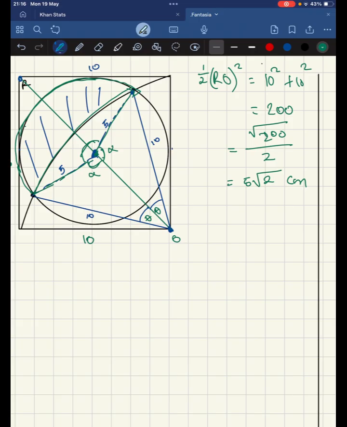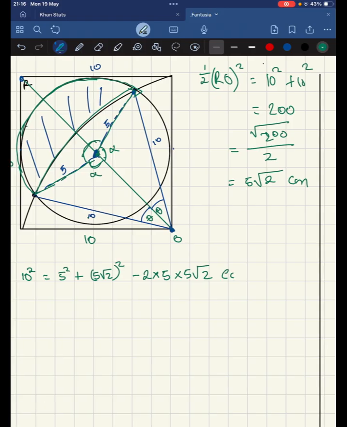And just like we said earlier, we know that this is going to be 10 squared equals 5 squared plus 5 over this squared, minus 2 times 5 times 5 over 2, times cos of alpha, right?